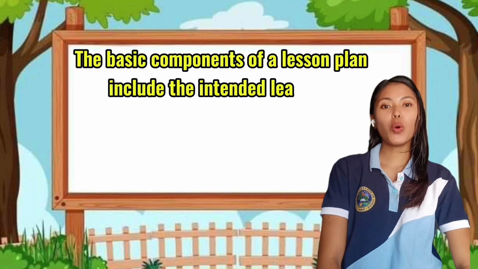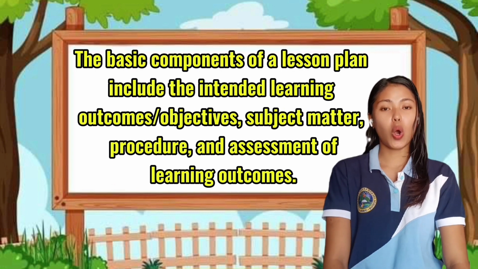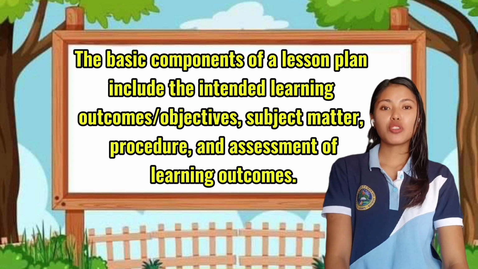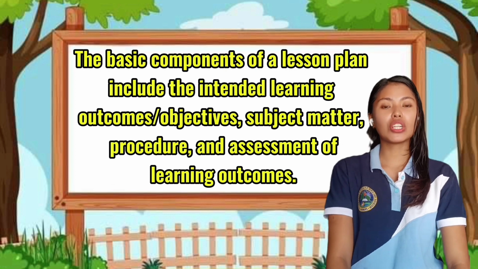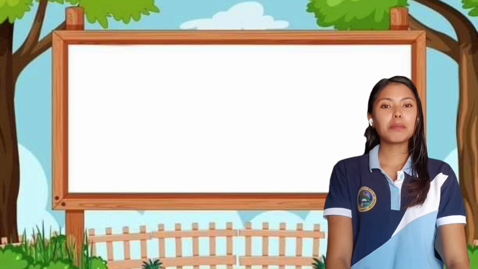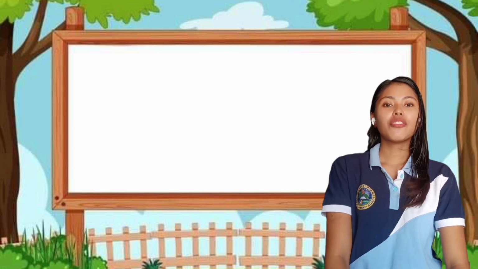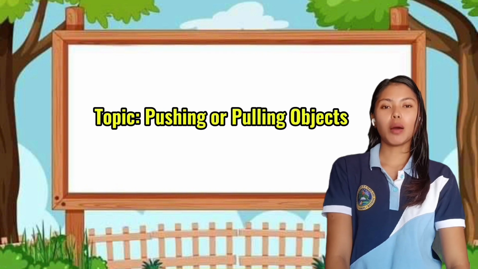The basic components of a lesson plan include the intended learning outcomes or objectives, subject matter, procedure, divided into preparatory activities and the lesson proper, and assessment of learning outcomes. An example of a lesson plan in elementary science focuses on the topic of pushing or pulling objects.